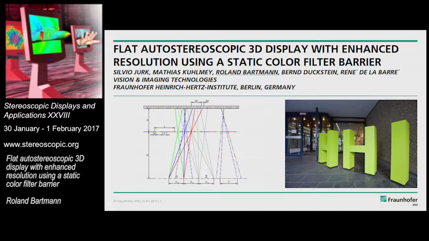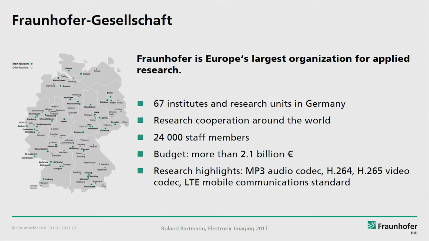Hello, everyone. I will start with a short introduction to the Fraunhofer Society. Not every one of you will know them, I think. There are about 60 institutes in Germany and about 20,000 scientists all over the world. And it's maybe the biggest research organization in Europe.